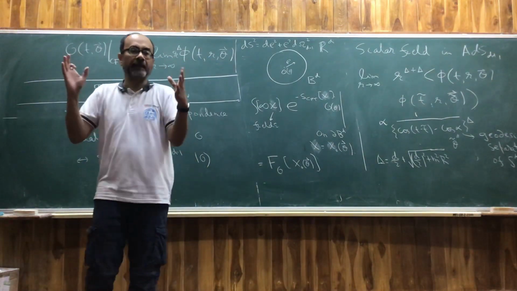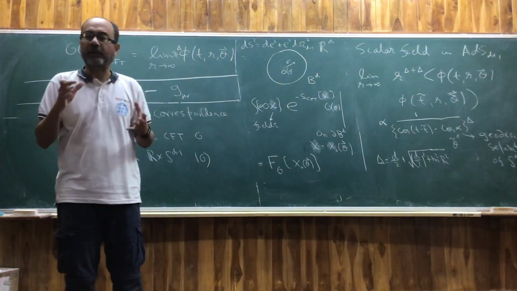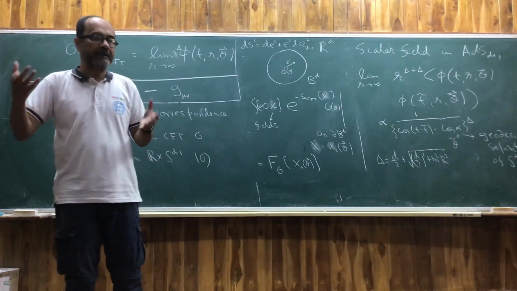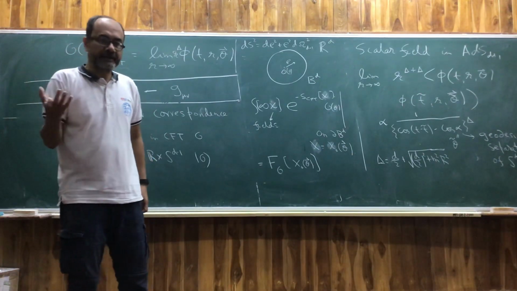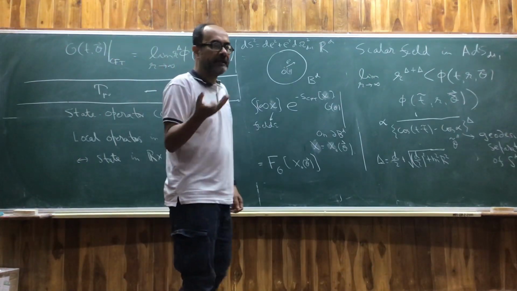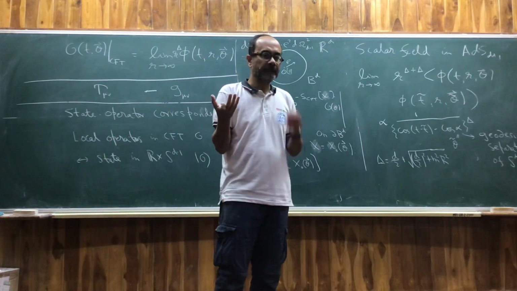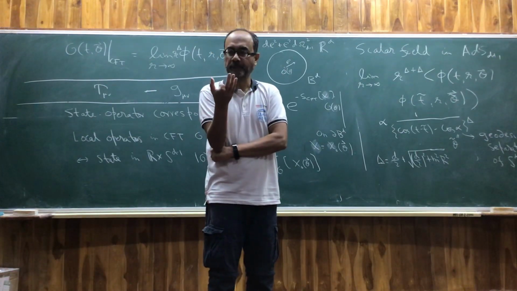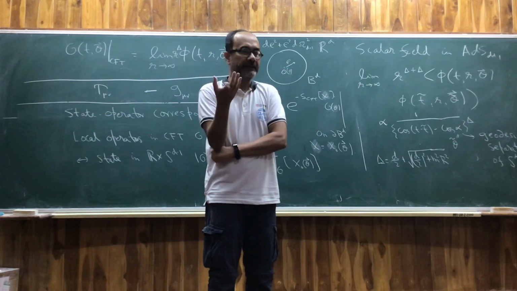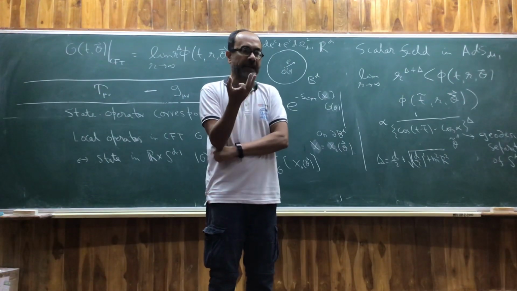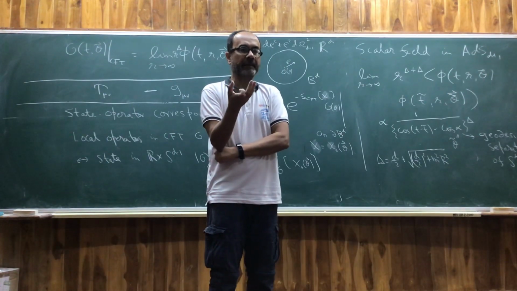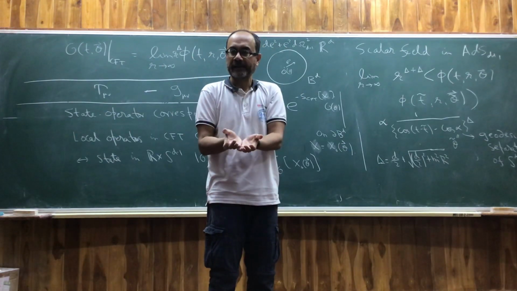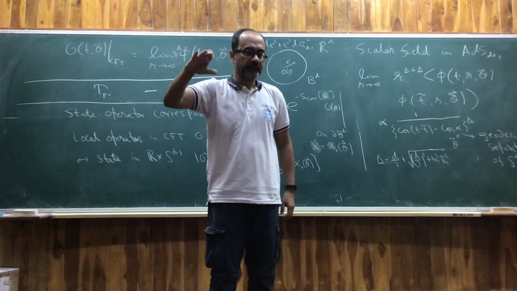That's a state of the theory. You interpret this as a wave function of the state. In quantum mechanics, if you want to describe a state, if x is the basic variable, you specify it by saying that it's a function of x. In a quantum field theory, if you want to describe a state, you describe it as a functional of the field, but on a given time slice.